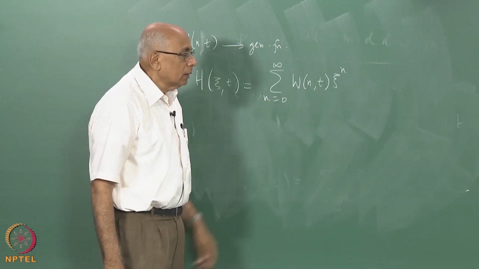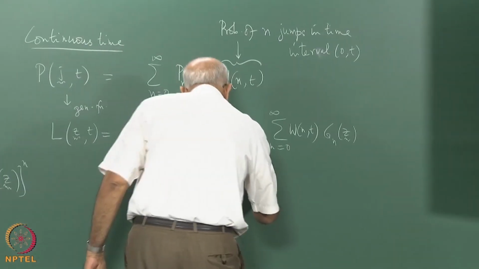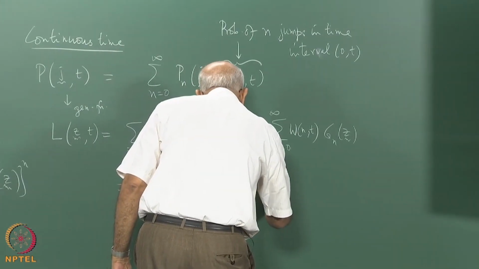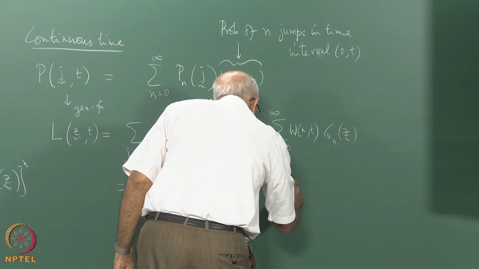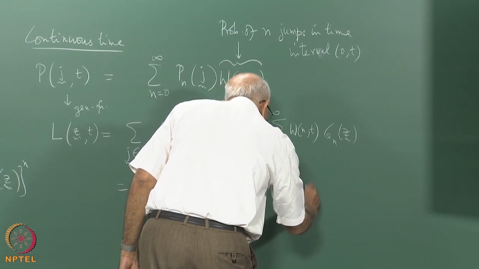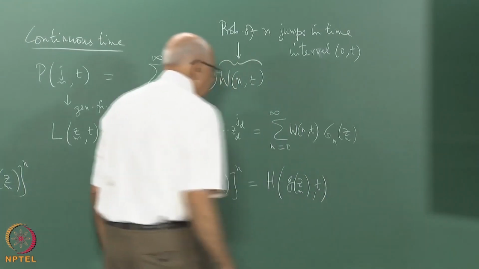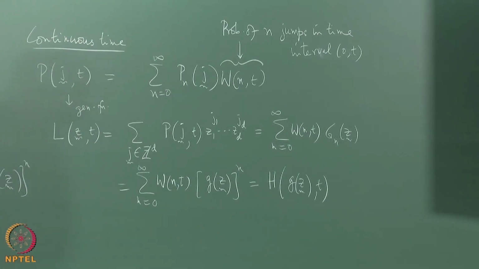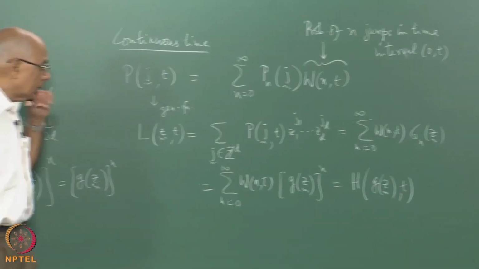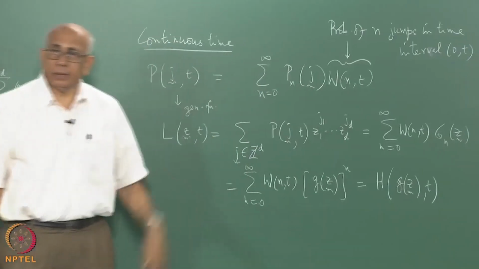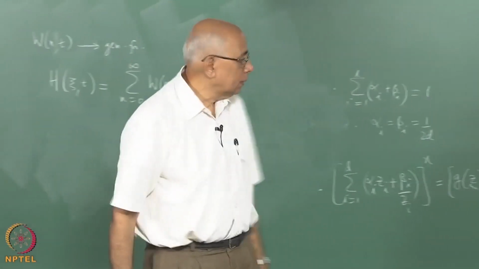Okay. So once I do that, it is clear what this is. This is by definition now equal to h of g of z comma t, because it is just this to the power n.